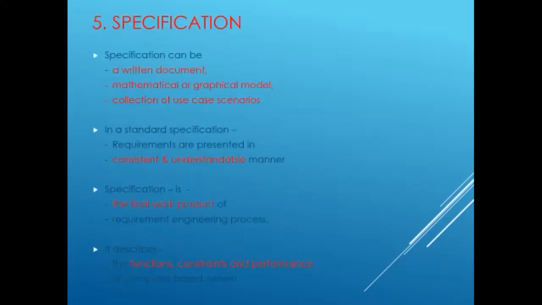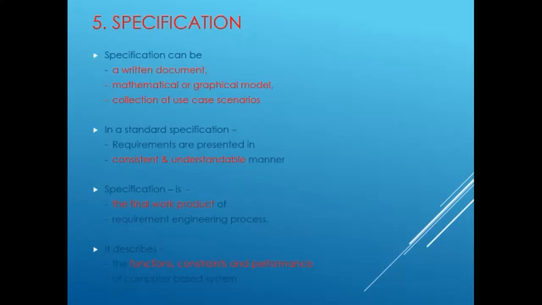Fifth phase is specification. Specification can be a written document. It is a written document, mathematical or graphical model, collection of use case scenarios. This is important in the specification phase. That is, here, which are the documents that we are arranging: a written document, mathematical or graphical model, collection of use case scenarios.